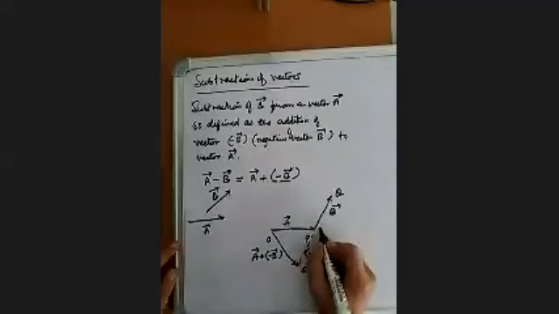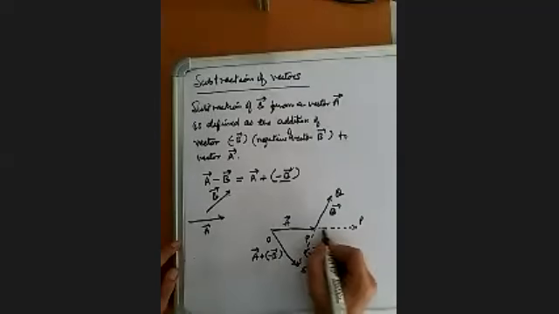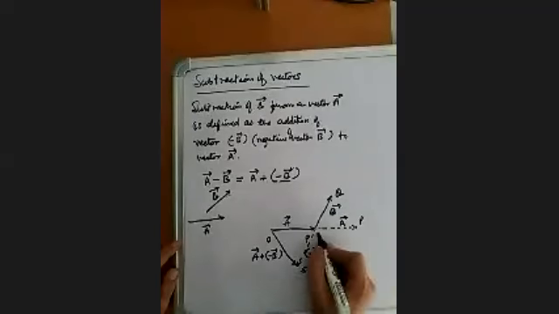We can do it another way, extend this OP and cut OP equal to PT. So now PT is in the same direction as A and equal in length. So this is similar to A vector. So now this is A vector and this is minus B vector.